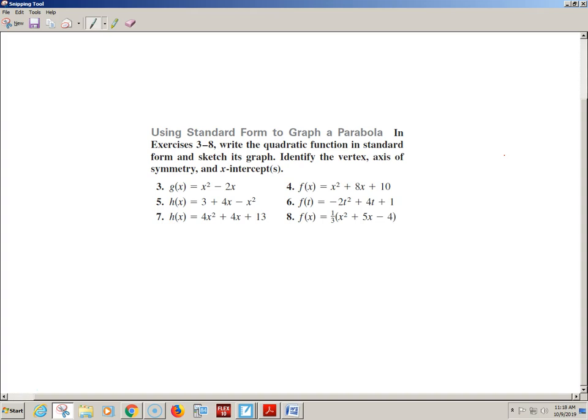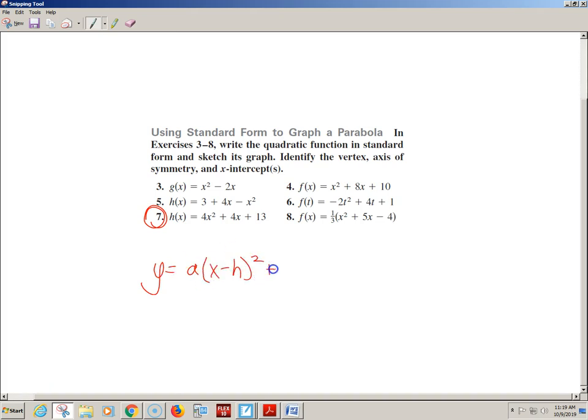Isn't there a formula for vertex technically? HK. Yeah, do you remember what the H equals? Like the little baby formula that's kind of cheating, but it does work. Negative B all over 2A, right? If you forget on the test, now you do need to know what standard form is, right?